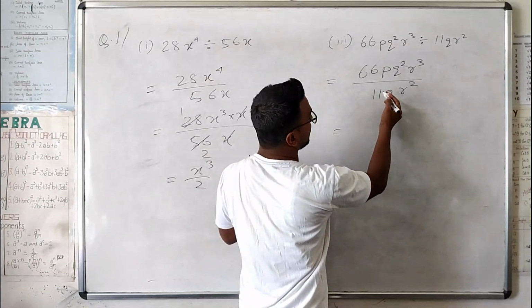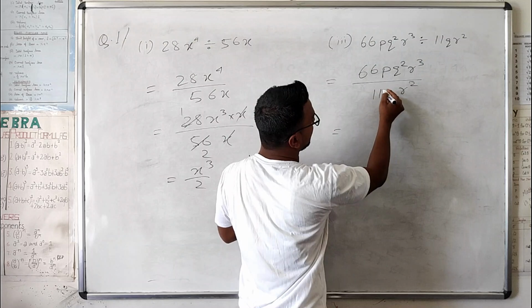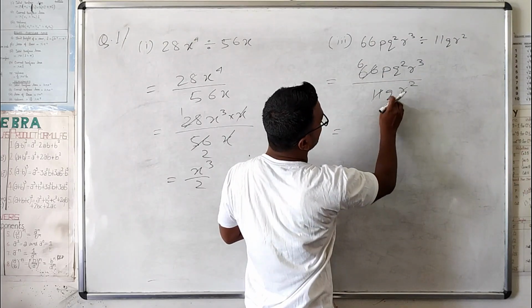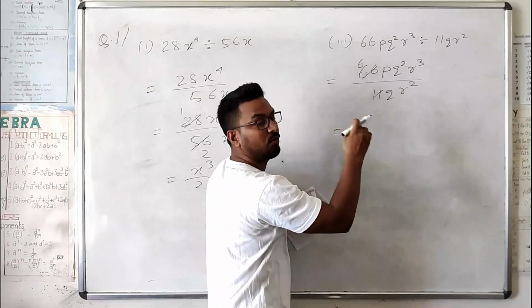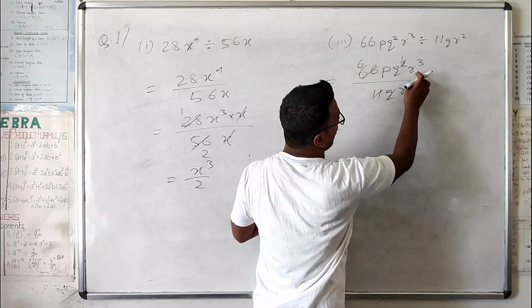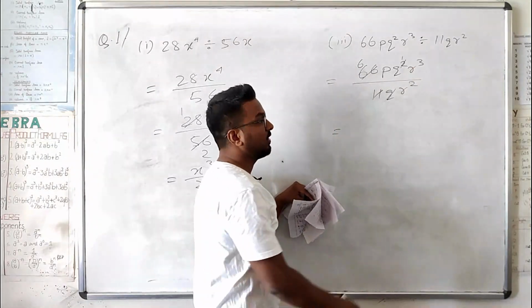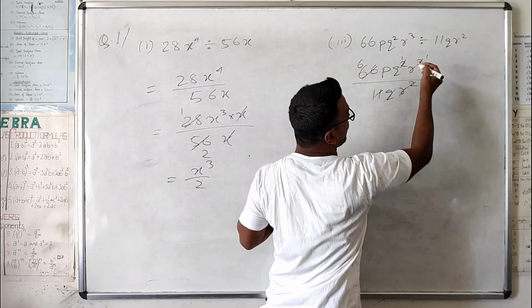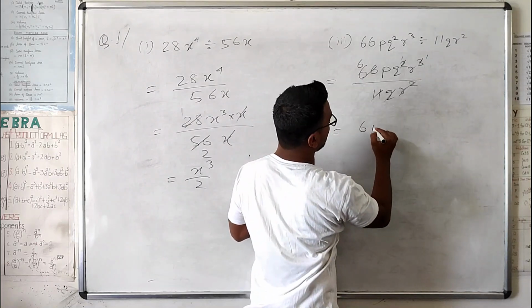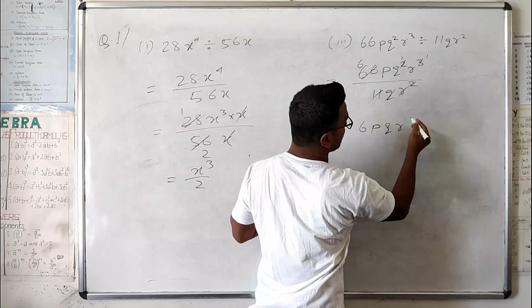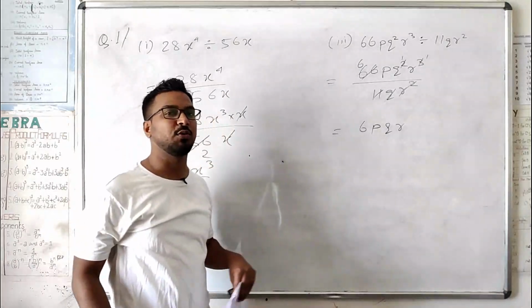So I'll do it directly: 11 6s are 66, and how many q are here? 2q. If you cancel from 1, how many will remain? 1 will remain. And here r cube, if you divide by r square, how many will remain? 2 cancel, so 1 will remain. So this can be written as 6 p q to the power 1, that is q, and r to the power 1, that is r. So 6 p q r.